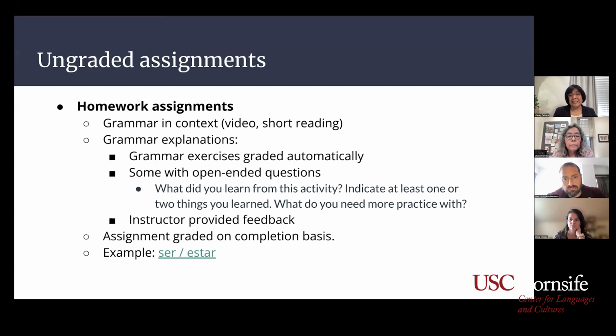Indicate at least one or two things you learned and what you need to practice with. I've been asking them to set goals for themselves too. And when I reviewed the Google Forms, which were graded on a completion basis, I would provide feedback.